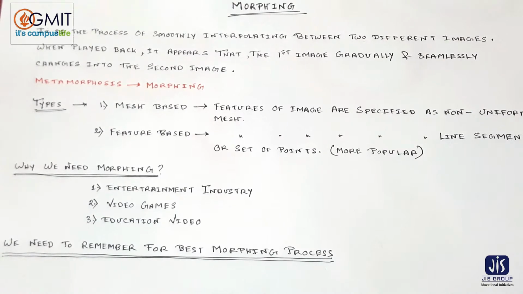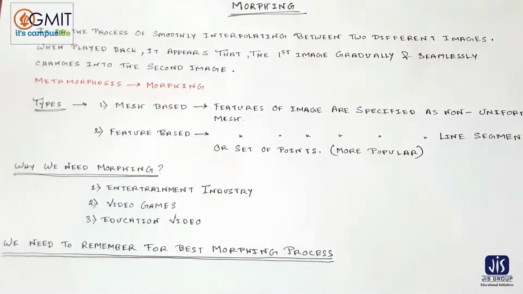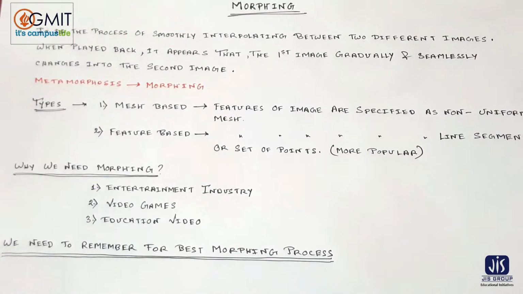Okay, now let's start with what is morphing. It is the process of smoothly interpolating between two different images. When played back, it appears that the first image gradually and seamlessly changes into the second image.